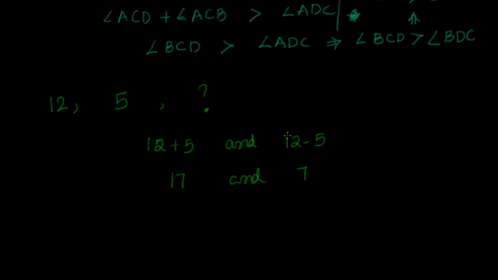That means the value can be 8 or 9 or 10 or 11 or 12 or 13 or 14 or 15 or 16. You can cross check for any of these values; the condition that the sum of two sides of a triangle is greater than the third side will apply.